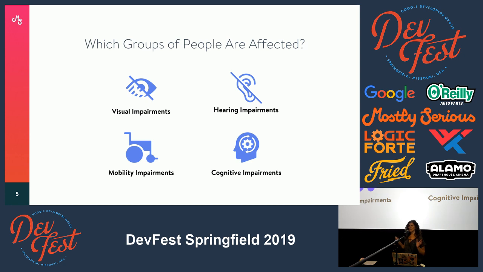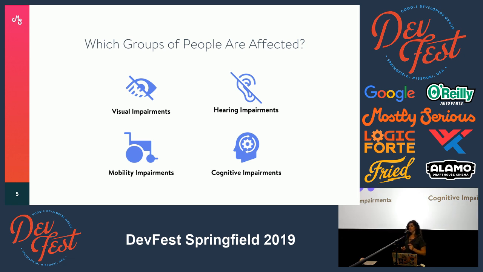So we all take it for granted, right, that we ingest all of the information from our computers with our eyes for the most part. And there are ways for us to build apps, websites, all kinds of software that allow people with no vision to be able to use these same things like we do.